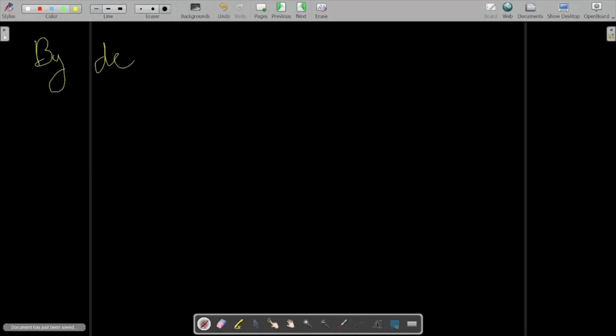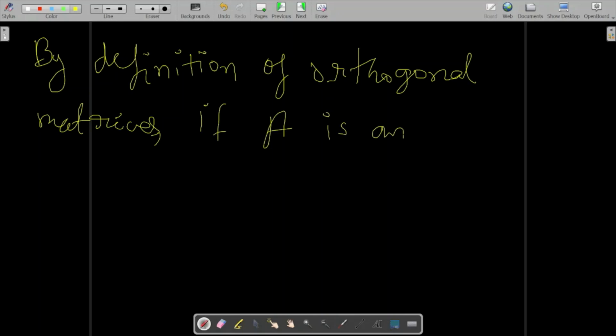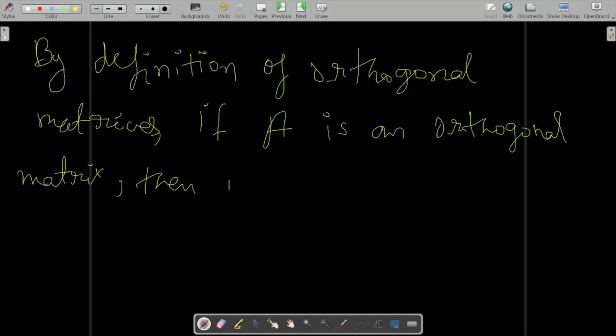By definition of orthogonal matrices, if A is an orthogonal matrix, then it should satisfy the condition.